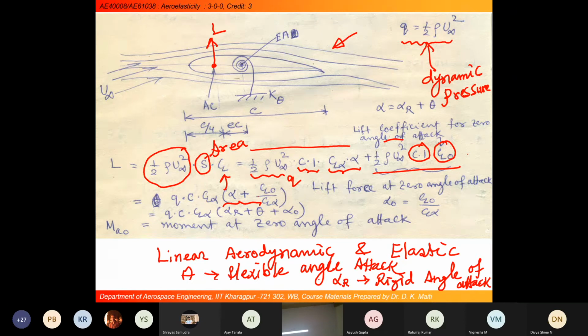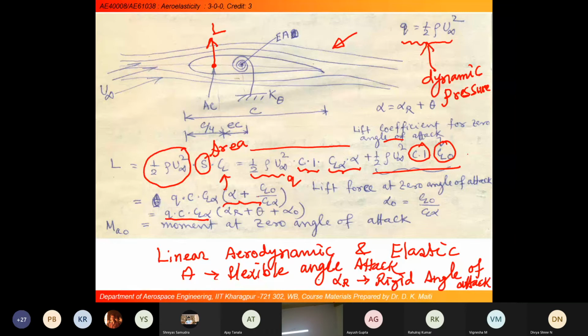If we look here, the lift force we have developed from our aeroelastic point of view is Q into C into CL alpha. Q is the dynamic pressure, C is the chord length, multiplied by 1 along the span direction, which gives the total pressure force.